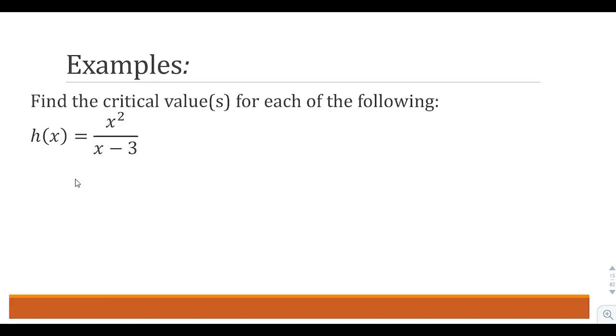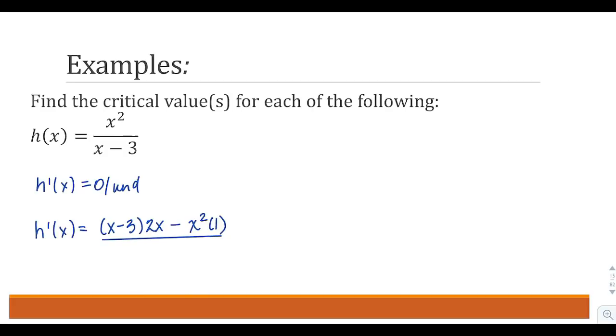And now we'll find the critical values of h of x here. So we're going to want where h prime of x is equal to 0 or undefined. So h prime of x, the derivative, is going to require the quotient rule. So we have low, x minus 3, times the derivative of the top, 2x, minus the top, x squared, times the derivative of the bottom, 1, all over x minus 3 squared.